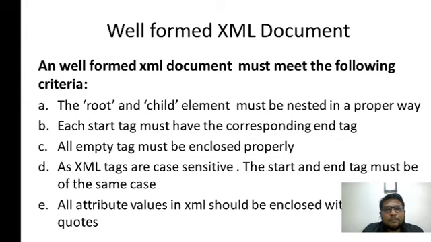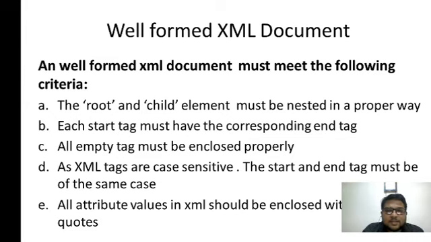Each start tag must have a corresponding end tag. As I told you before, all tags in XML should have a closing tag. Every starting tag must have a closing tag. If there is an empty tag, meaning the tag does not have any content, it should be closed properly.